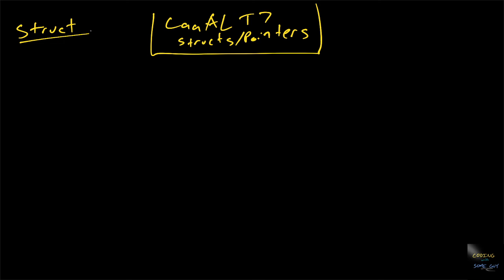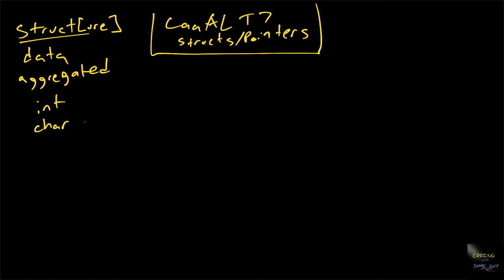So struct is short for structure, and it's a structure of data. You can think of this as the beginning of aggregated types. So if you have an int and a char pointer and they happen to be related to each other, maybe it helps to think of them as the same thing.